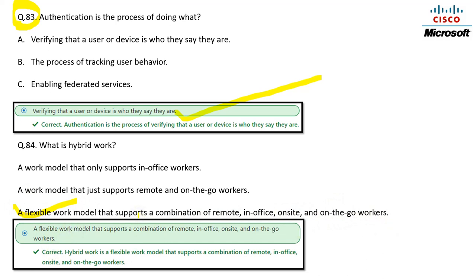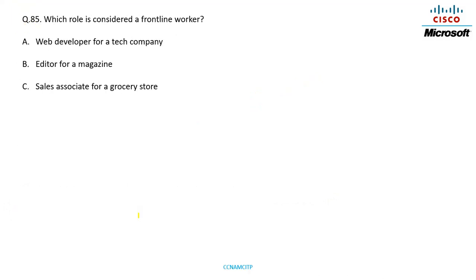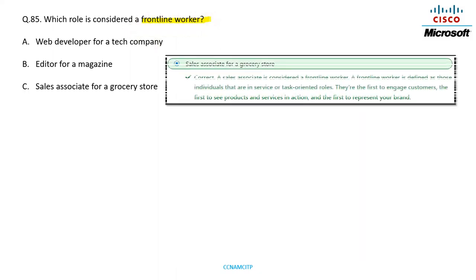Okay, the next question, which role is considered a frontline worker? So web developer for a tech company, editor for a magazine, and sales associate for a grocery store. So you have to tell the frontline worker. Okay, so sales associate for a grocery store.